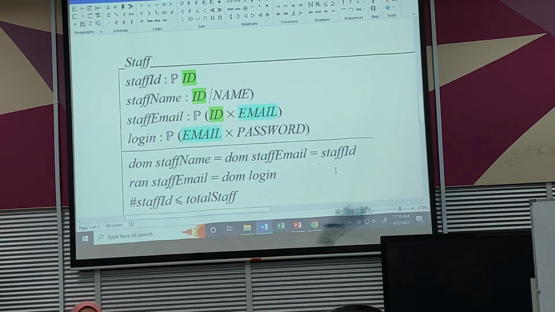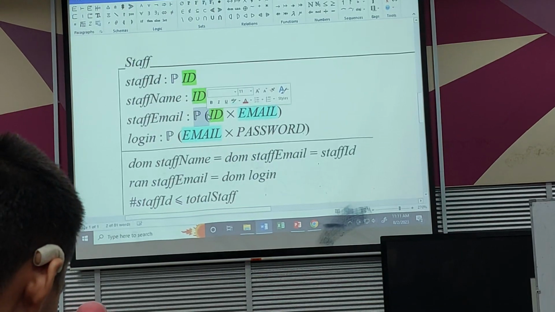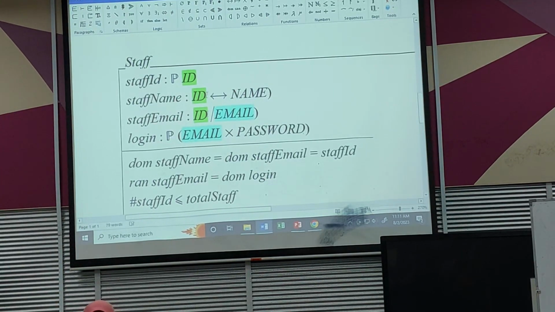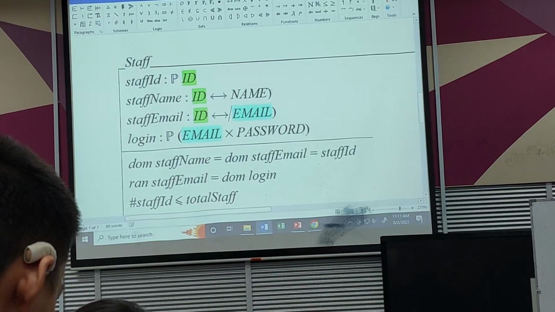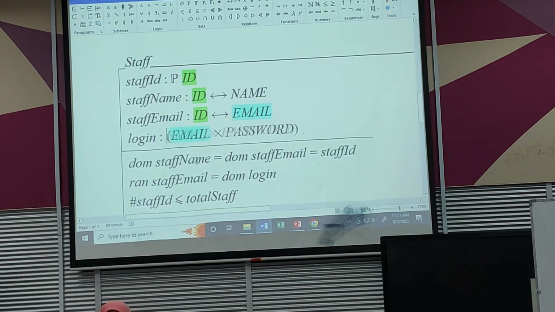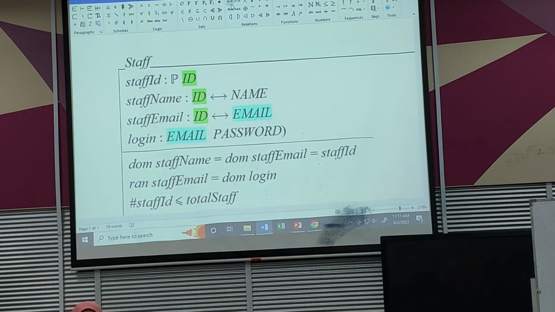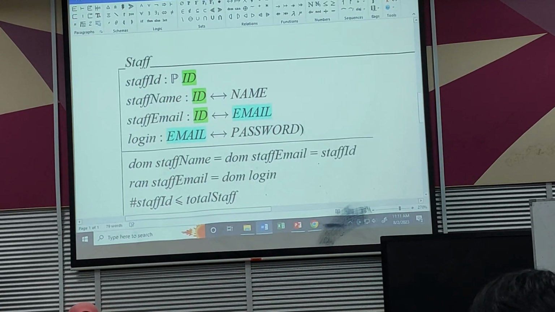Then the Cartesian product, I use this one, binary relation symbol. Here also, I use binary relation symbol. Okay. For now, of course, we didn't consider many to many. Actually, shouldn't be many to many lah. But if you want to have many to many, then you change to like this. Remove the power set.